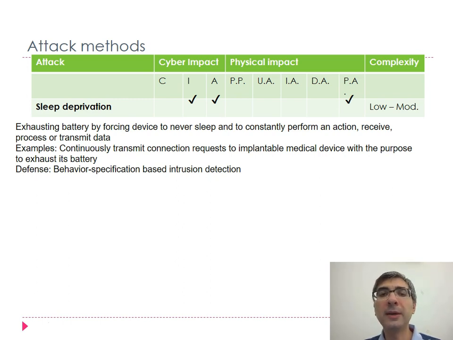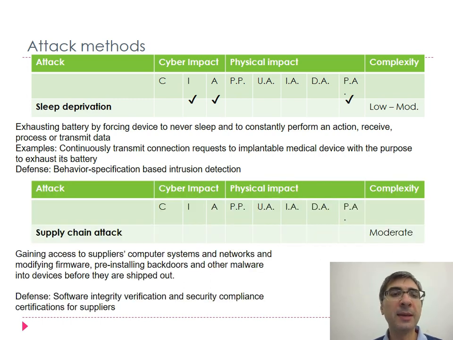If an implantable medical device needs to send traffic every second for the next 3 hours, well, this can be prevented by simply specifying that it cannot send traffic more than once every 5 minutes or something like this, or not more than 2 or 3 times in an hour. In this way, it's the specification that prevents this from happening. So we can do this with behavior specification based intrusion detection, or at least the behavior specification helps detect it, if not prevent it, in this sense.